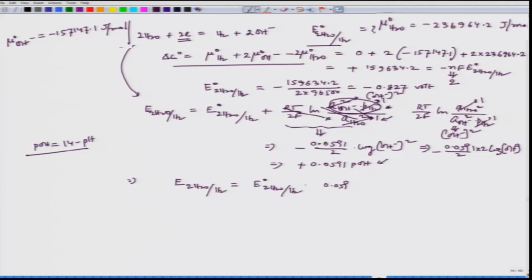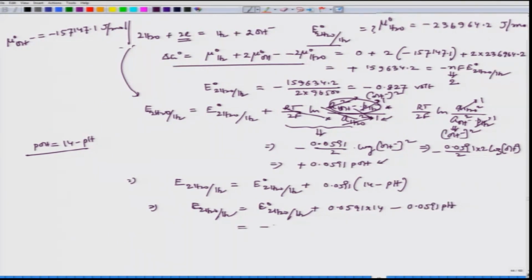So then I can write 14 minus pH. So E for 2H2O to H2 equal to E0 plus 0.0591 into 14 minus 0.0591 pH.